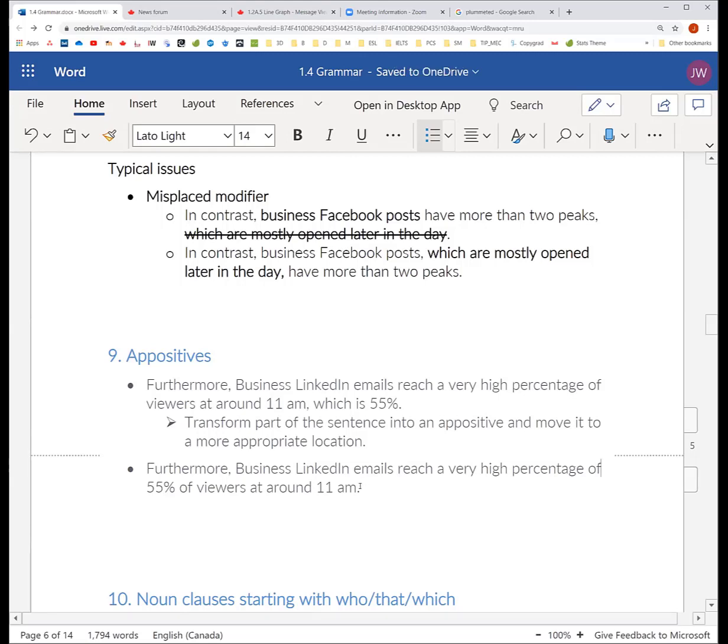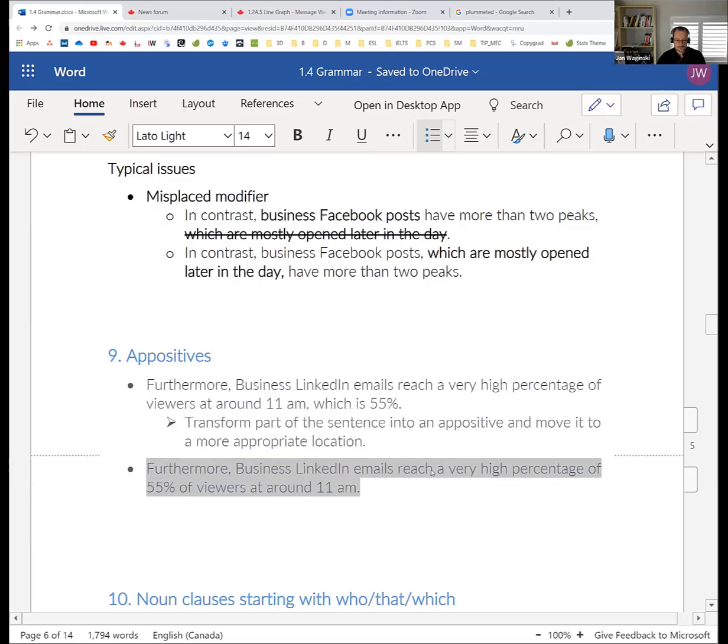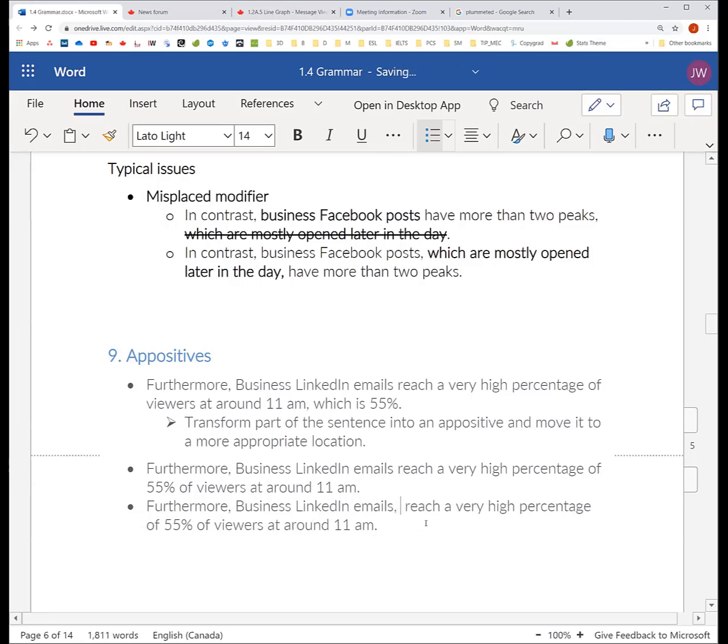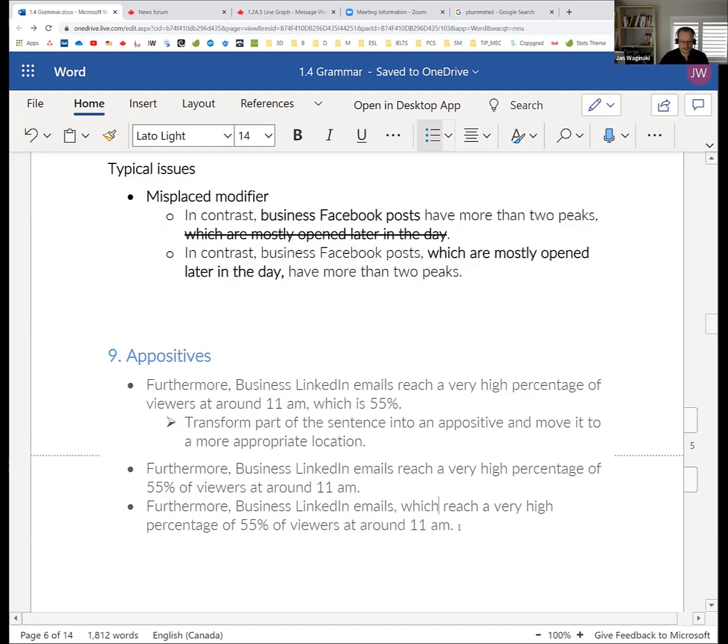This is better than the original. We can still do better than this. After emails, we put "which," comma, "which." Okay, so Allah, what would your sentence be? "Furthermore, business LinkedIn emails, which reached a very high percentage of 55% of viewers at 11 a.m., which reach a very high percentage at around 11 a.m."